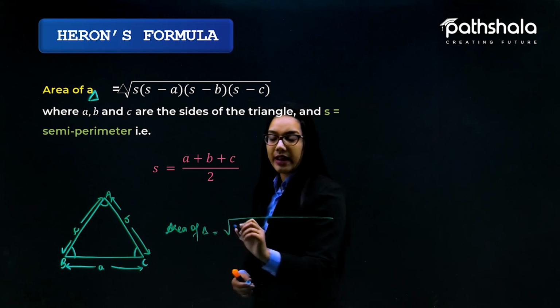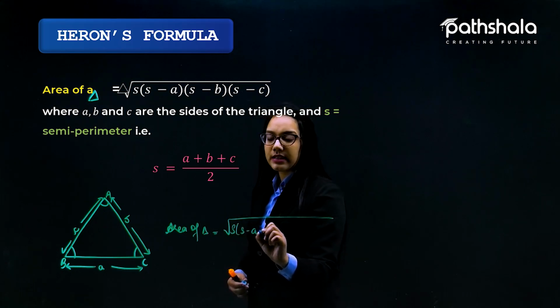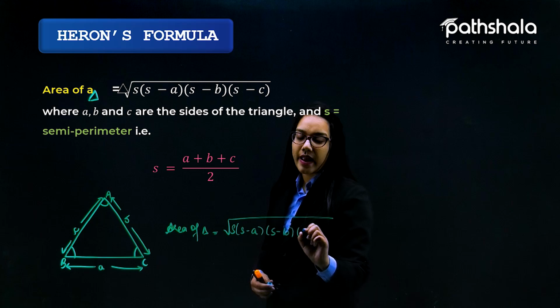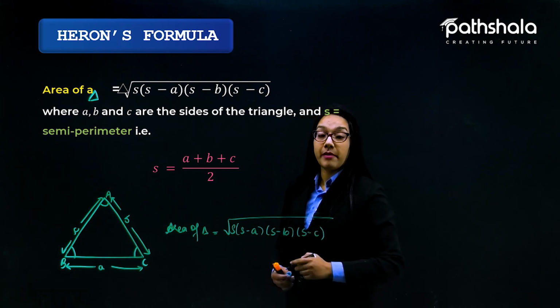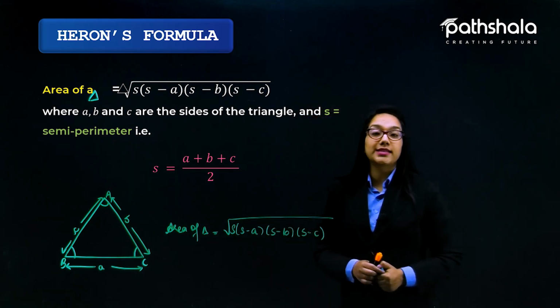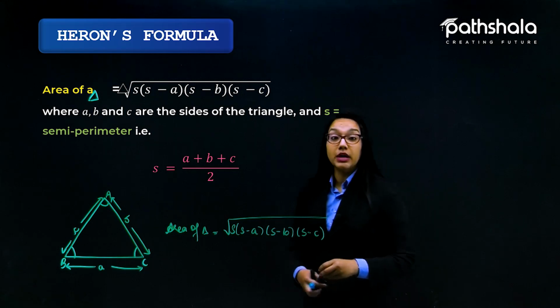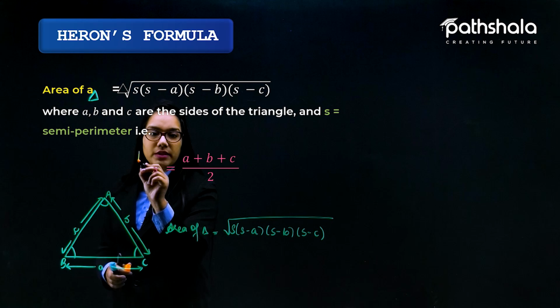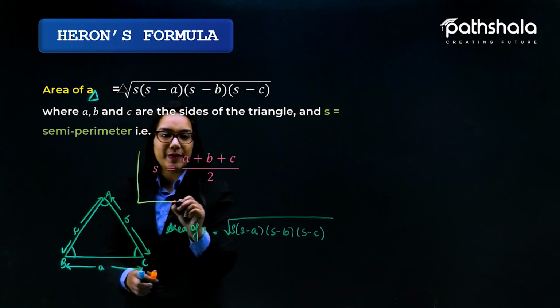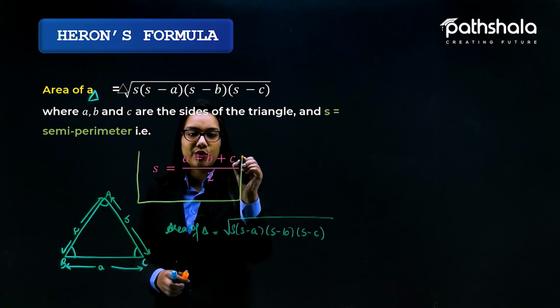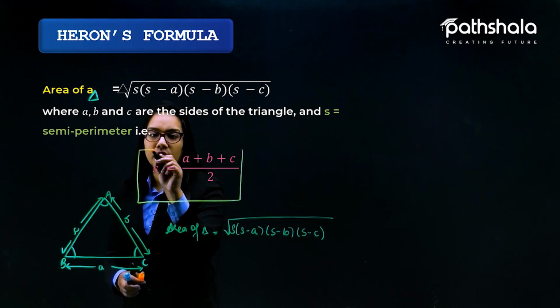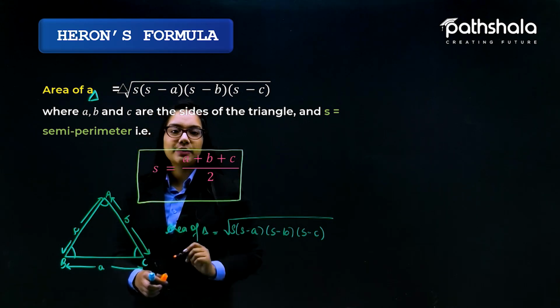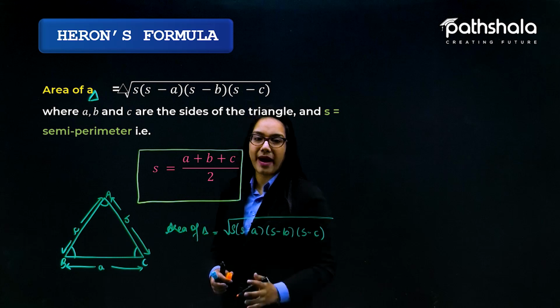For such a triangle, the area is the square root of s into s minus a, s minus b, s minus c, and remember s is called the semi-perimeter, and the value of s is equal to a plus b plus c divided by 2.